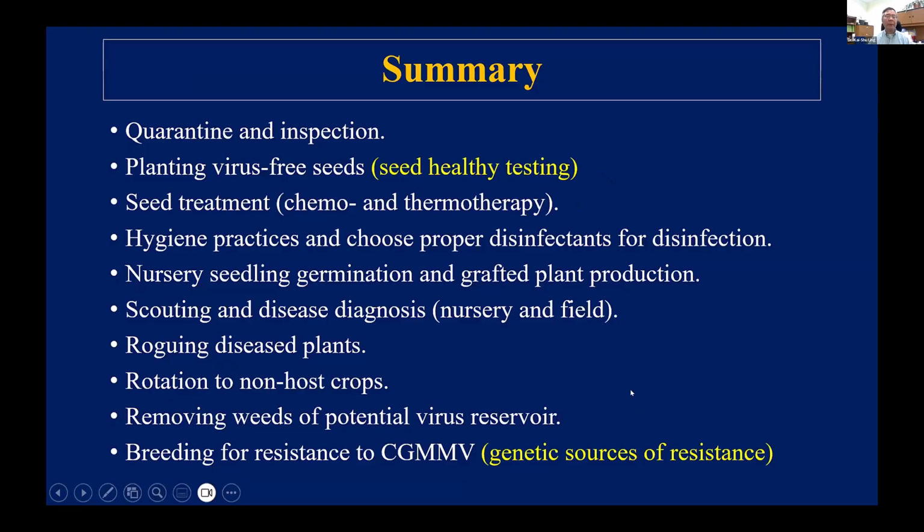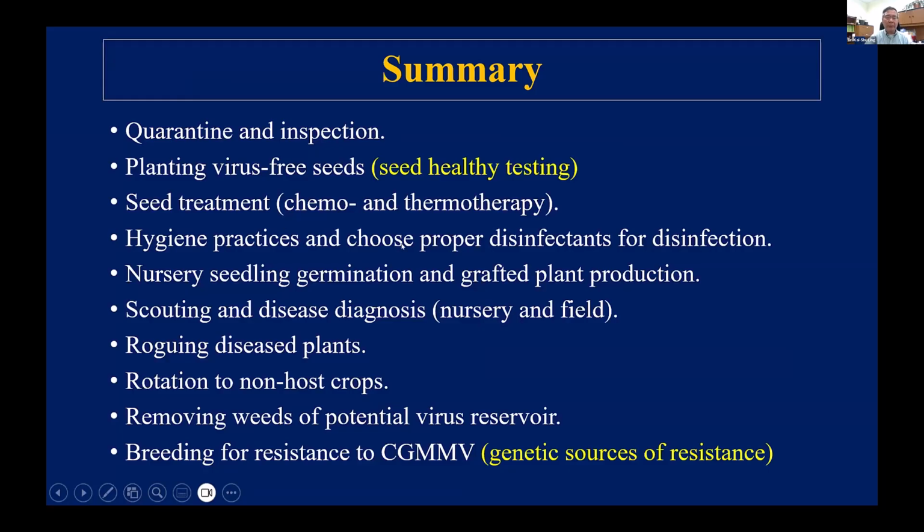So in summary, CGMMV, the cucumber green mottle mosaic virus in watermelon, is under official control in the United States, so quarantine inspection and testing are important. Plant virus-free seeds using seed health testing. Seed treatments can be used to reduce the virus in contaminated seeds. Use good hygiene practices and choose the proper disinfectants.